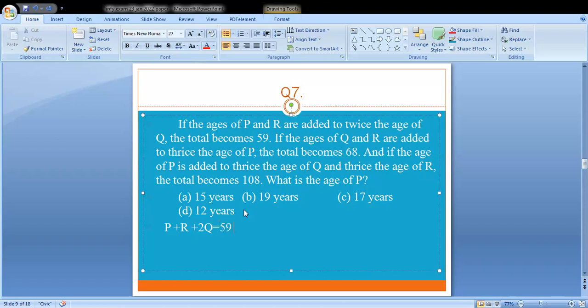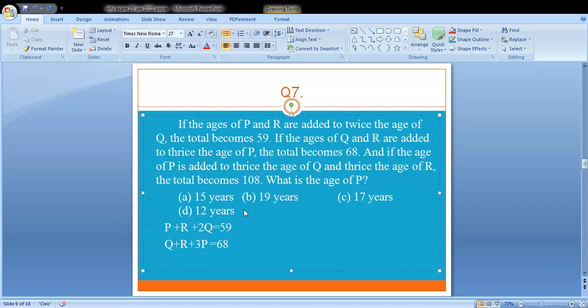If you see the second one, the ages of Q and R are added to thrice the age of P, the total will become 68. This is equation number 2.